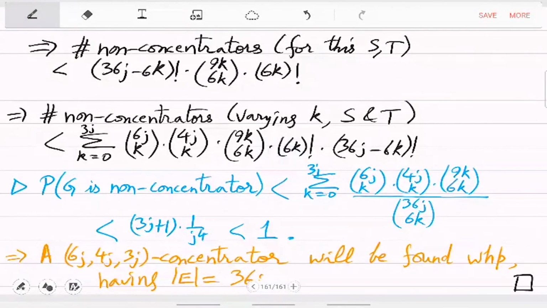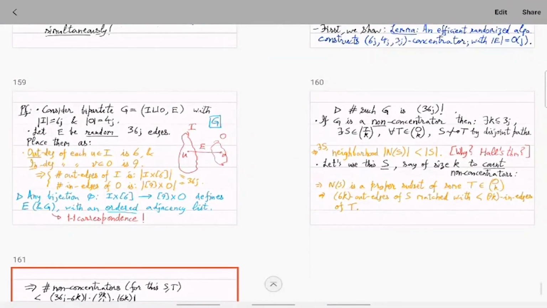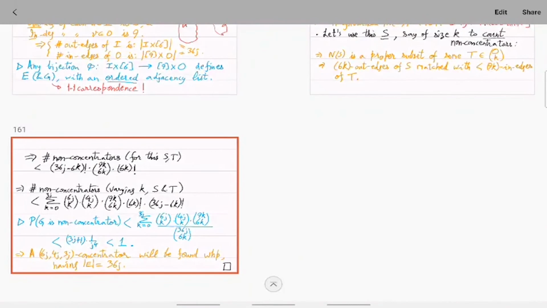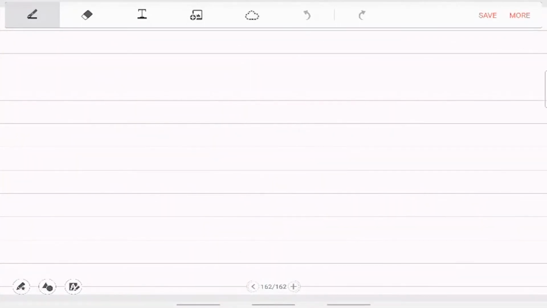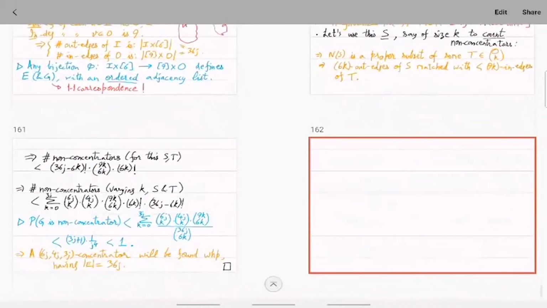So this probability or simply counting proof does give you a concentrator as promised. Now from concentrator, how do we go to super concentrator? That's one more step. So that will be theorem 6.